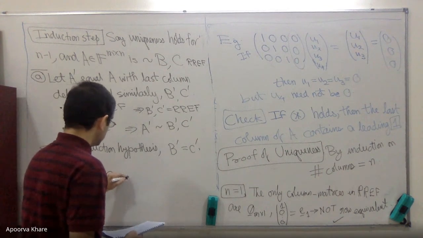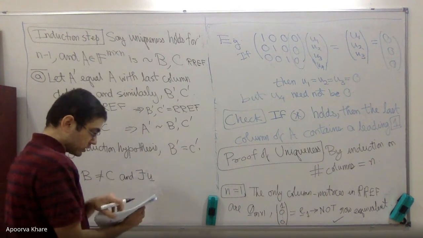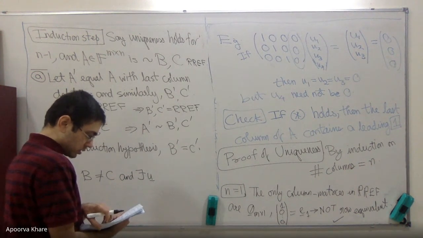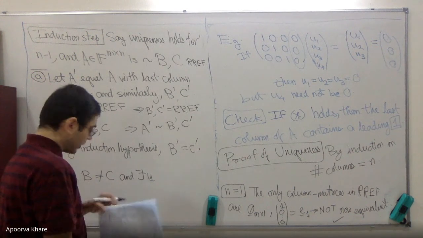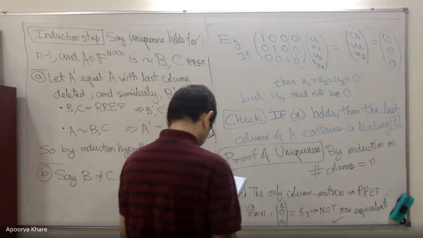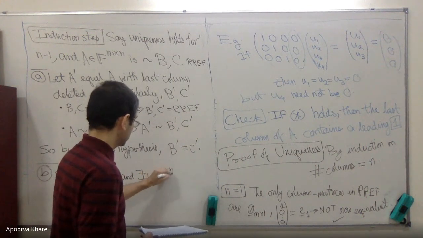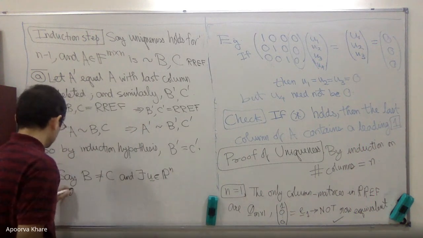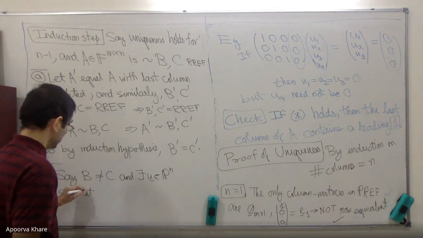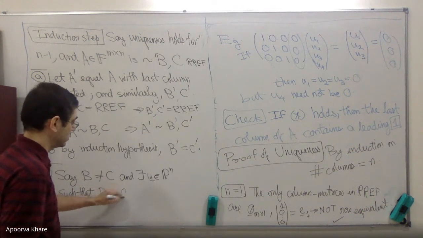And there exists a U such that AU equals 0, or B, let's say BU equals 0. Either way, any of them equals 0.